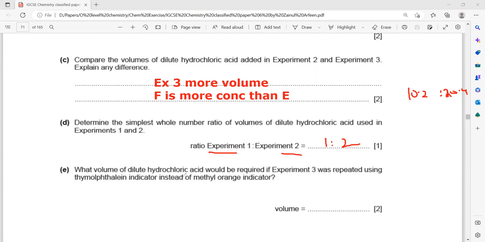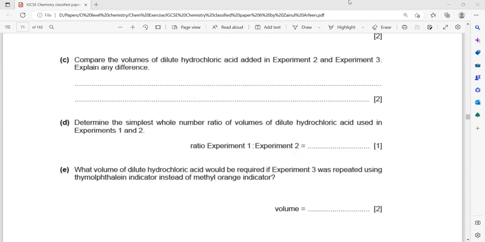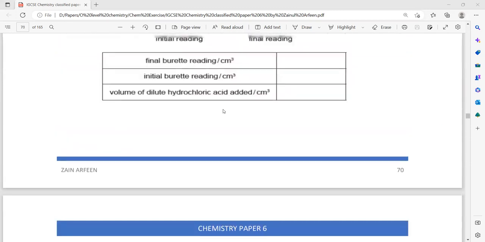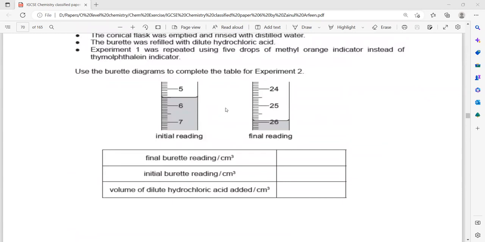Then what volume of hydrochloric acid would be required if experiment 3 was repeated using thymolphthalein indicator instead of methyl orange? There is a pattern for this on the first page of this question. They gave a pattern.